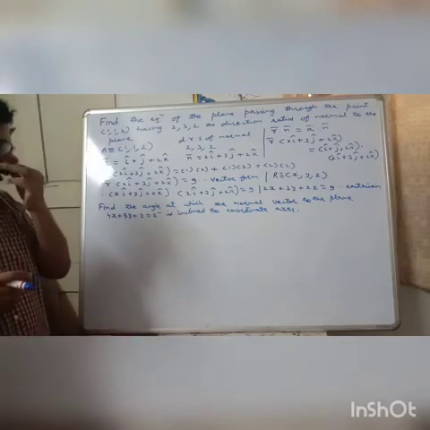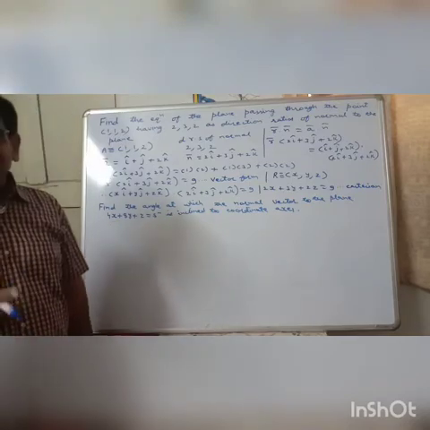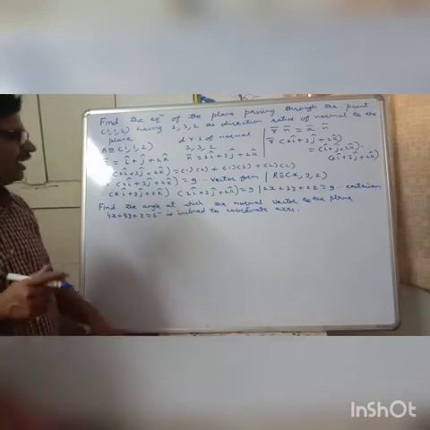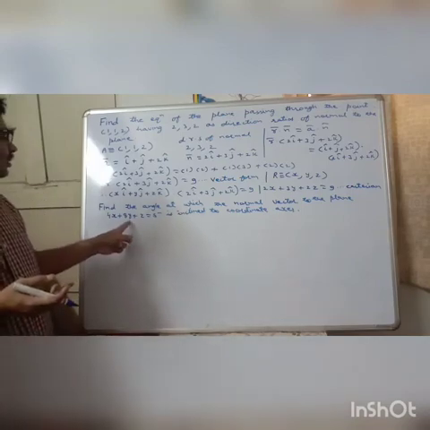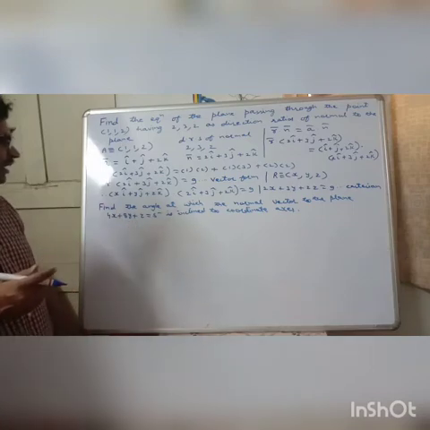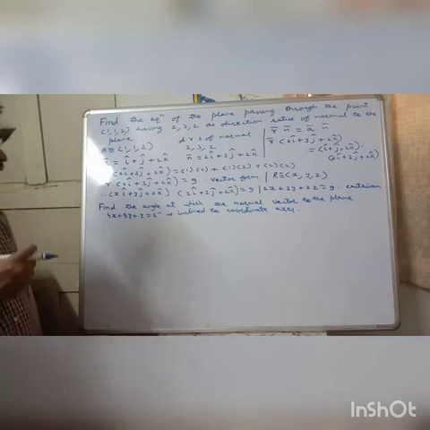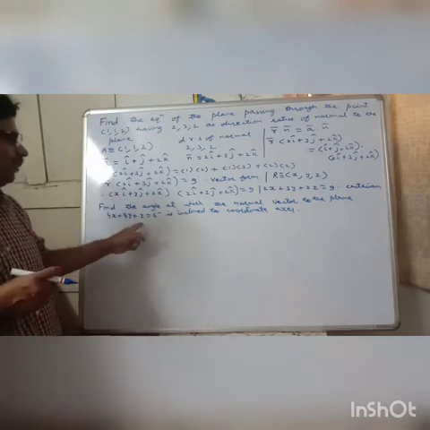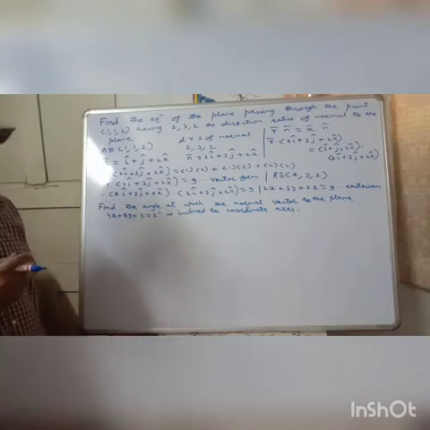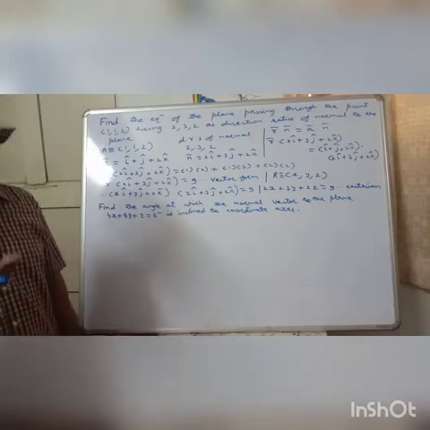So in this example, equation of plane is given, but equation does not contain vector quantities. So this is equation of plane in Cartesian form, and we have to find angle made by normal to this plane with each coordinate axis.